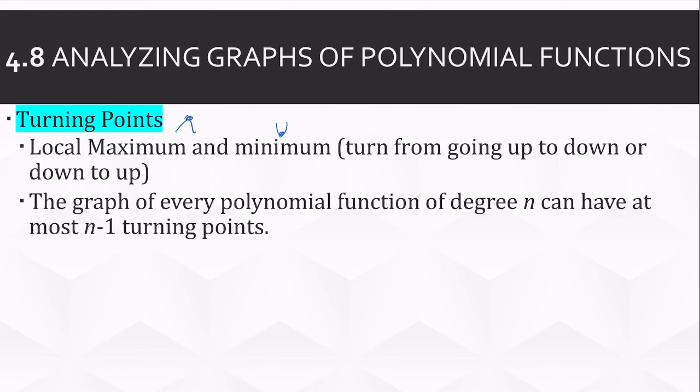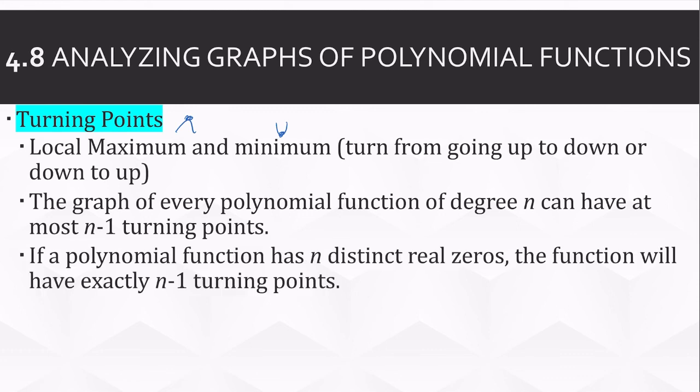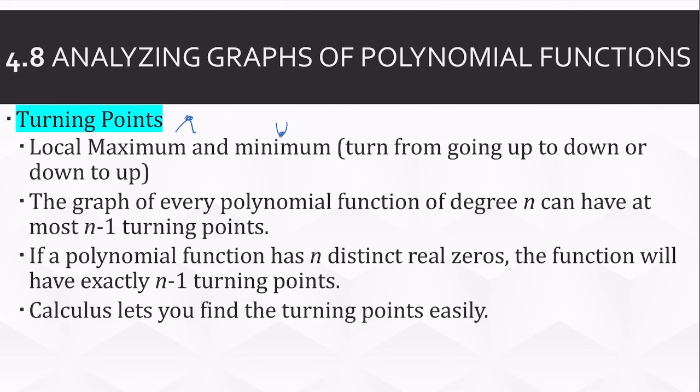So if your degree is 4, you can have up to 3 turning points. If all the zeros are real and different from each other, then you'd have exactly n minus 1 turning points. Calculus lets you find turning points easily. For us, we're just going to look at a graph.